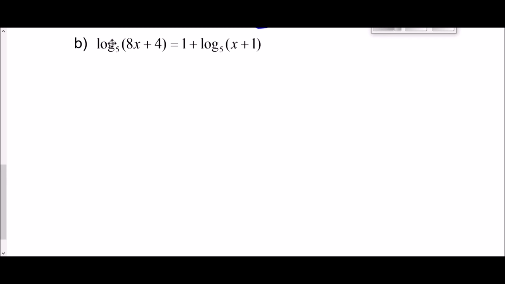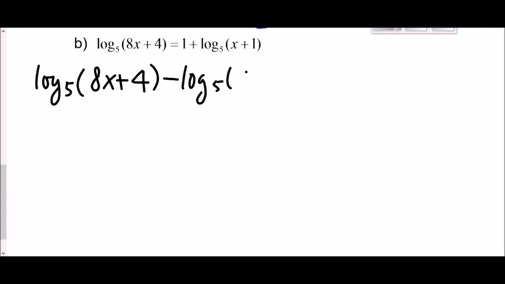So log base 5 of 8x plus 4, minus log base 5 of x plus 1 on both sides, and then you will just end up with 1 on the right-hand side.